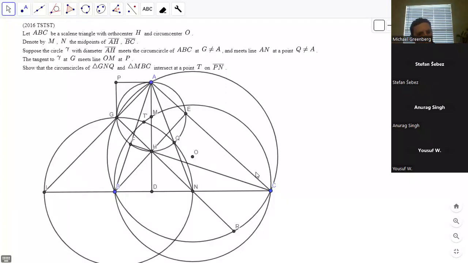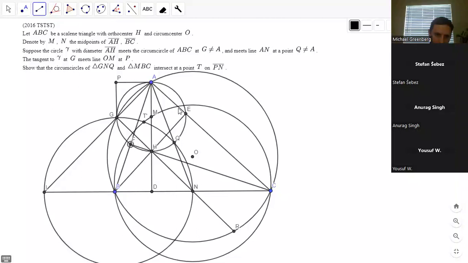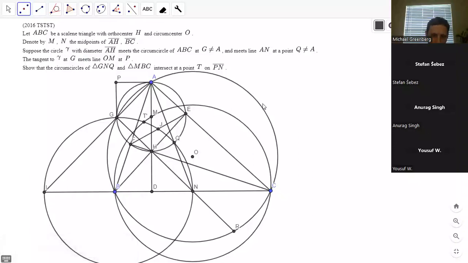Okay. And B and C stay the same. And also the other circle, INQJG, that circle goes to line AD.